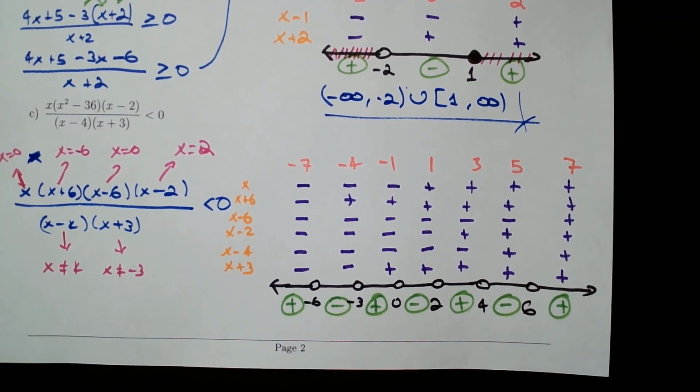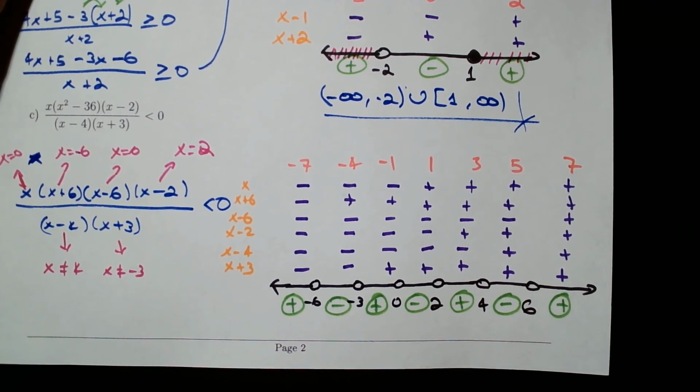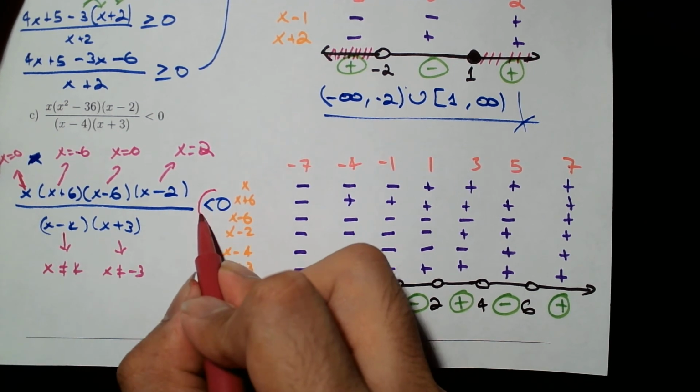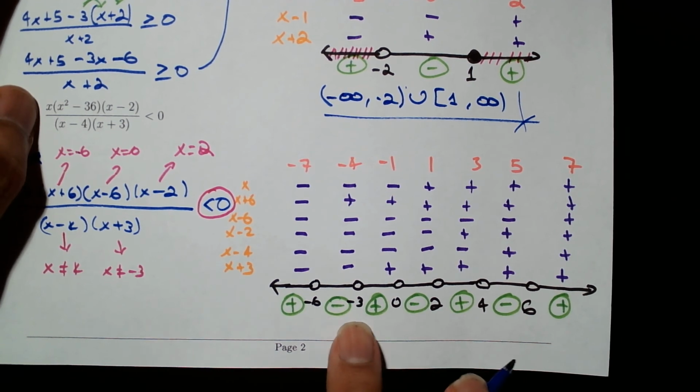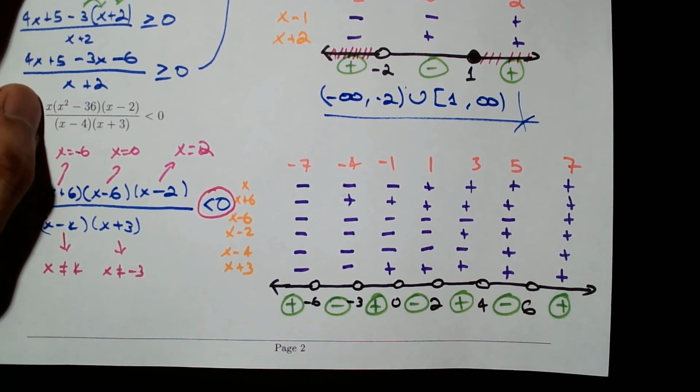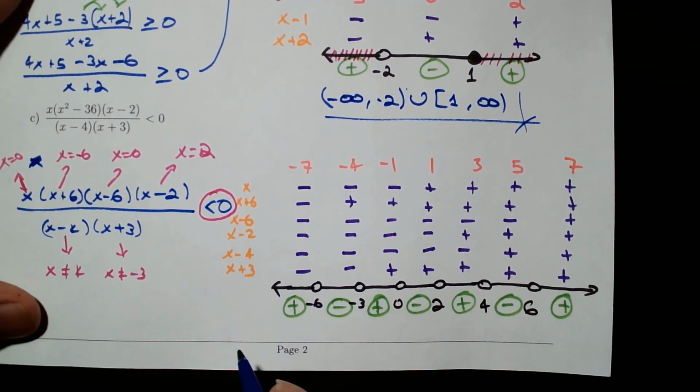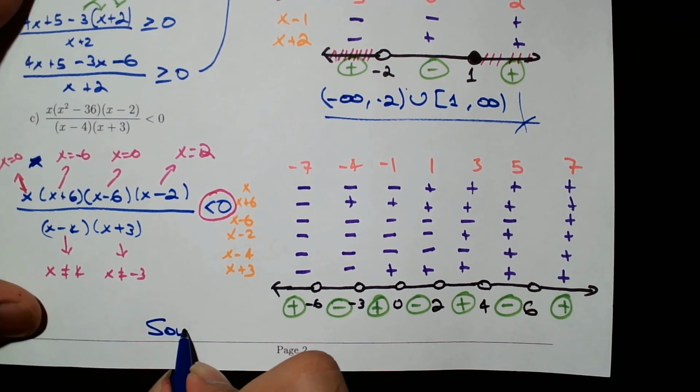All right. So in this case, we are looking for this right here, and that indicates that we look for the negative intervals, going from left to right. So I'm going to write the solution set.